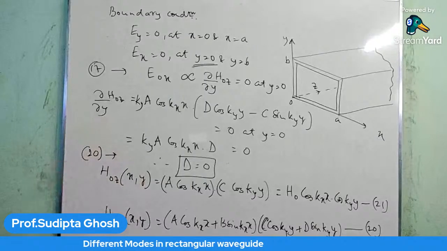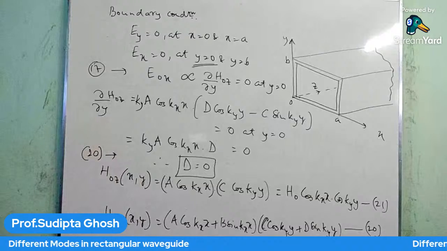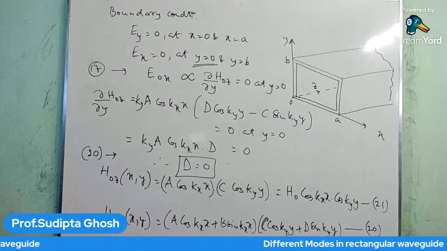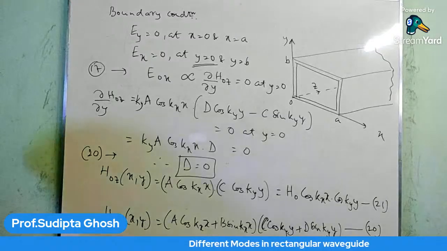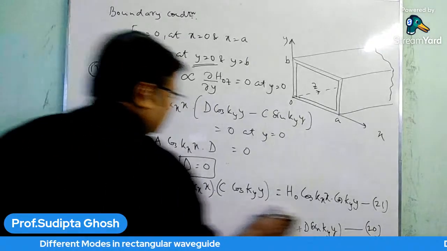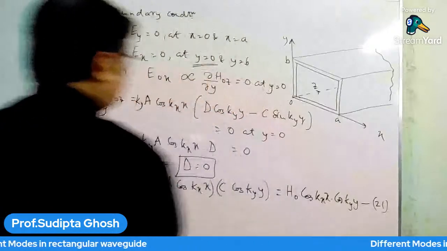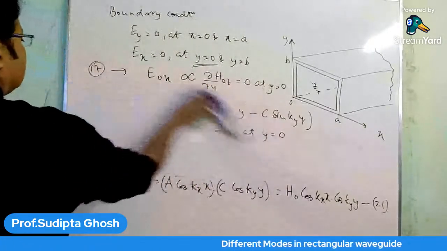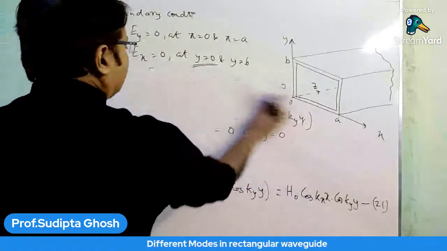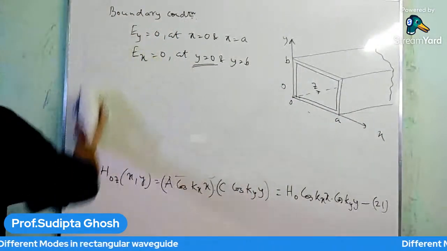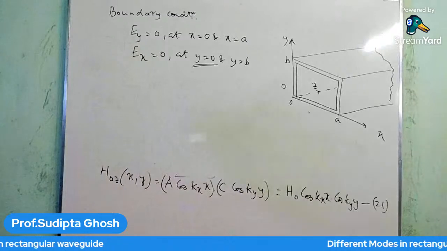Now again considering equation number 18, that is EOY. Let's remove equation number 20 because it has been reduced. So this is the reduced form of the solution that we have.